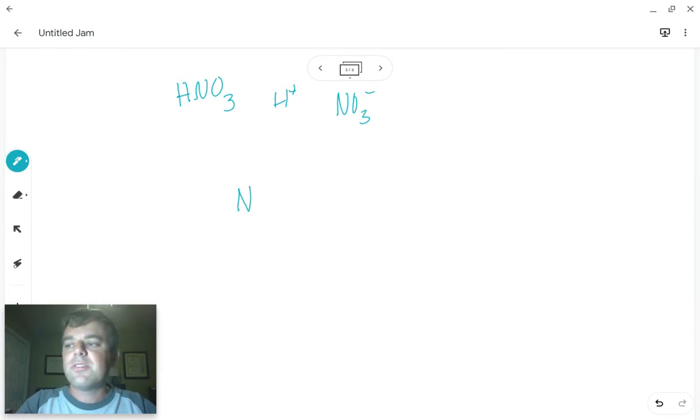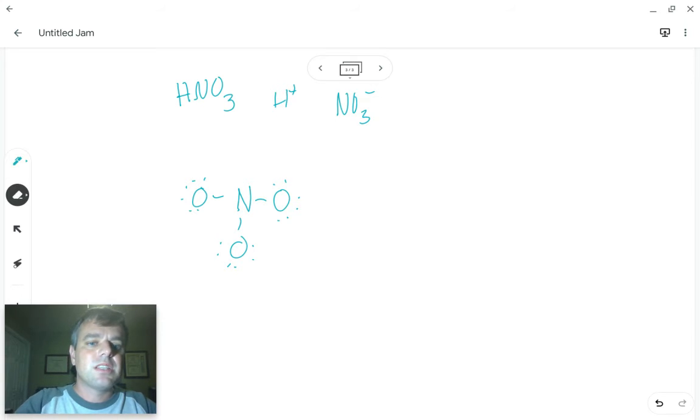So let's first just draw nitrate. It's going to have three oxygens around it with a -1 charge. So it's got 6, 12, 18, 24 electrons or 12 pairs. So we go 1, 2, 3, 4, 5, 6, 7, 8, 9, 10, 11, 12. It would need to have a resonance structure with a double bond.